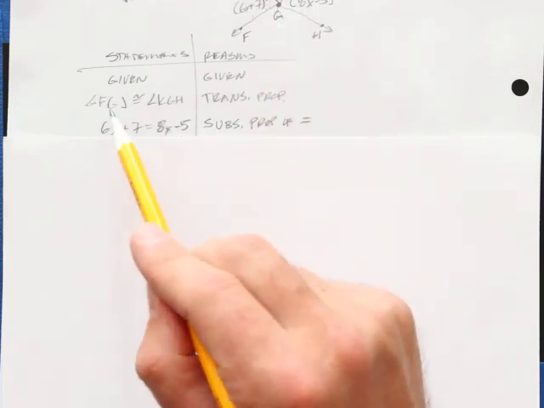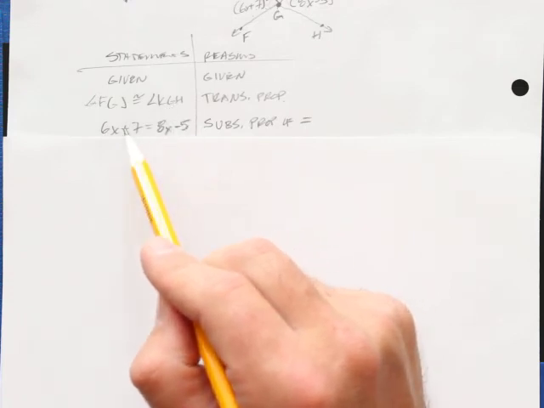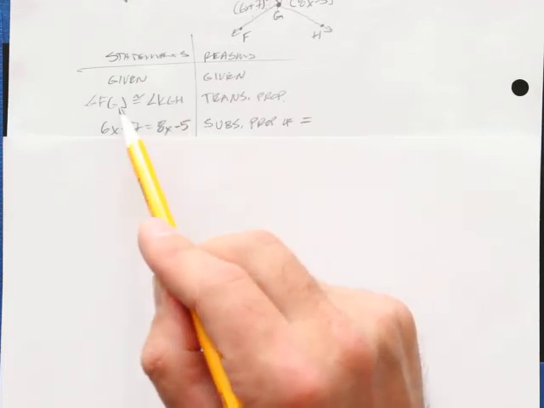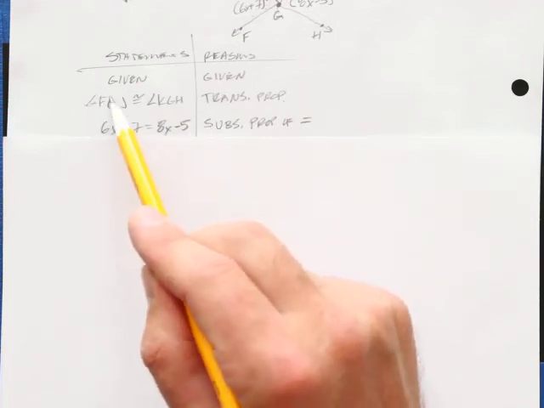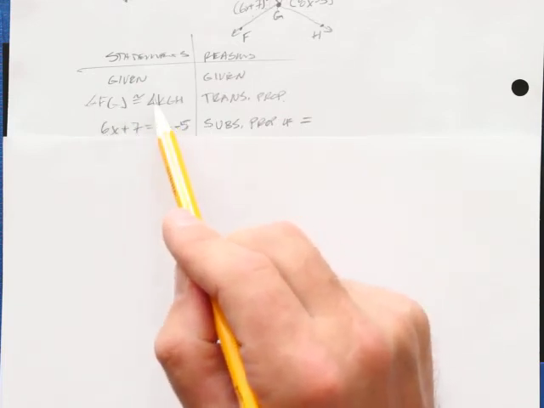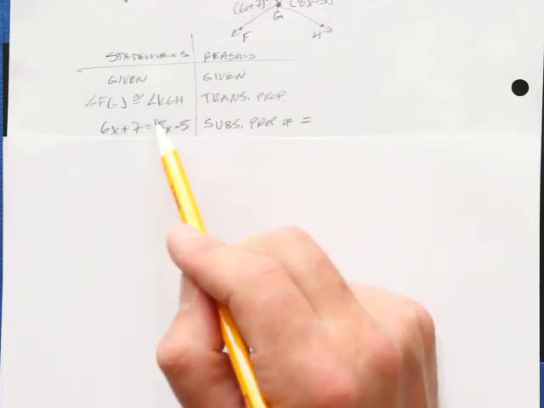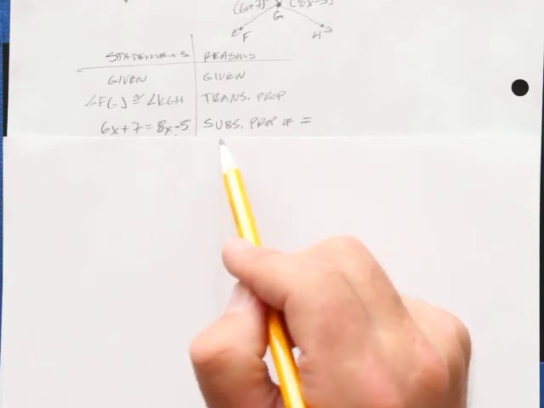So these are equal, or these are congruent. And there is a step that we could take in between here, but we're not going to. So I took the measure of this angle and put it right here, and the measure of this angle and put it right here. And so I just substituted those values into here. And so substitution property of equality.